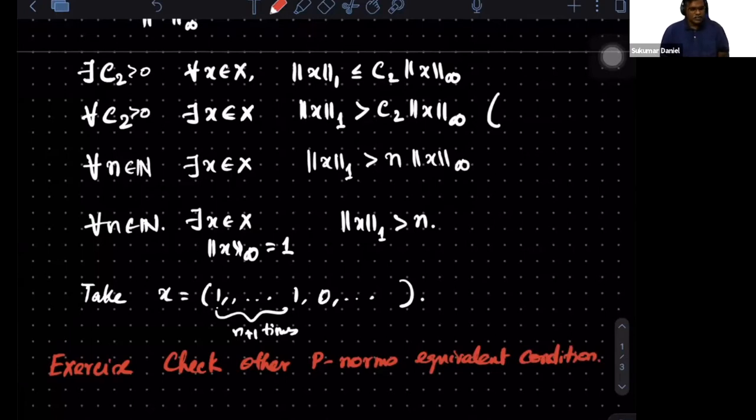I will ask a question: on a subspace, if two norms are not equivalent, on a bigger space, can it be equivalent? Is the question clear? X is the original space, and there are two norms, norm 1 and norm 2, and Y is a subspace of X. On Y, these norm 1 and norm 2 are not equivalent. Can it be equivalent on the bigger space?